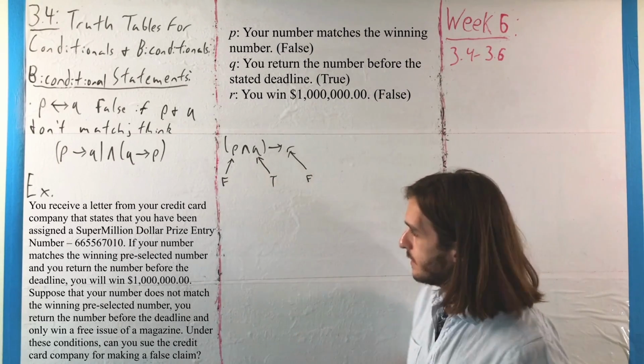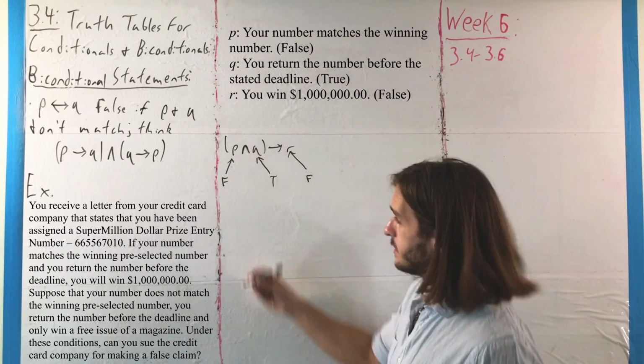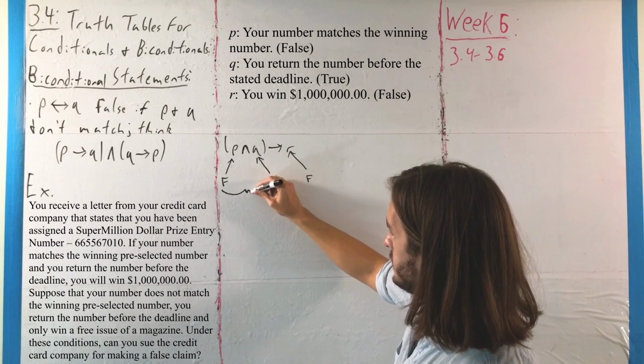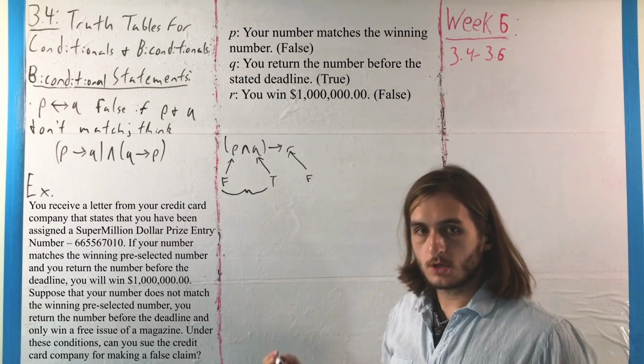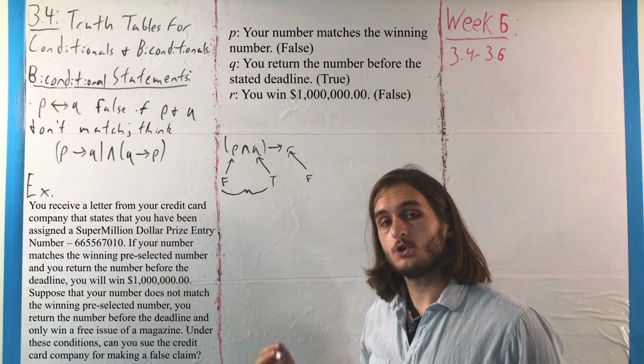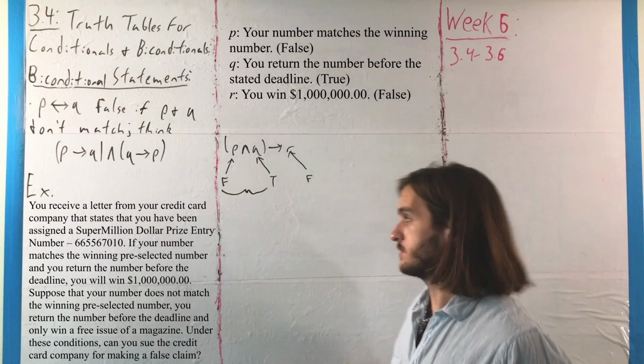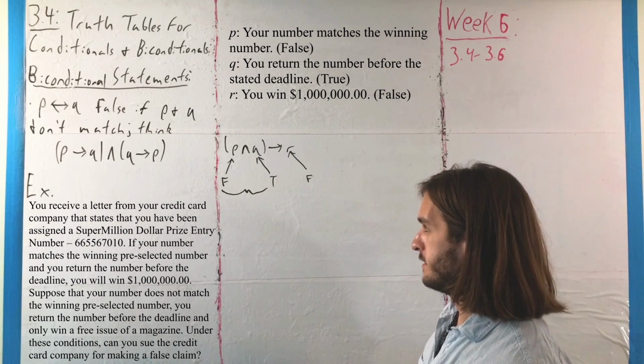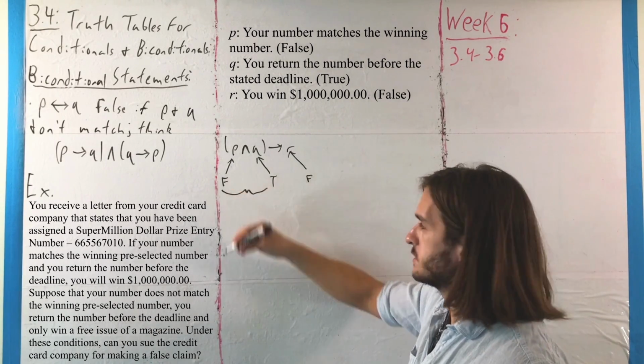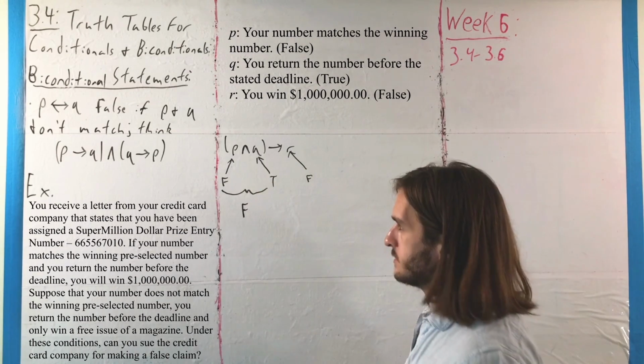And then here, because we have these two in a conjunction, I'm just going to group these together, and conjunctions, remember, can only be true if both parts are true. Well, in this case, that one's not true. So this whole thing is false.